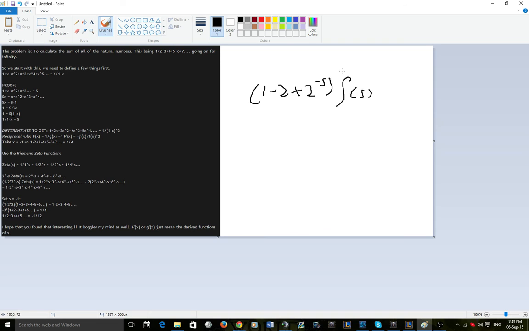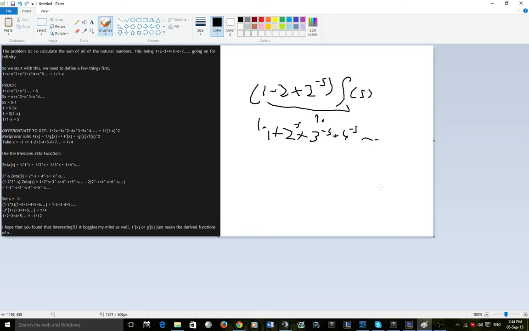So multiply out the brackets and we get zeta s, which is, if you flip around the terms, 1 to the minus s plus 2 to the minus s plus 3 to the minus s plus 4 to the minus s, going to infinity. So that's 1.